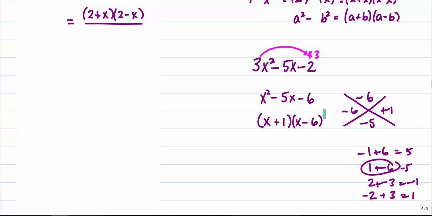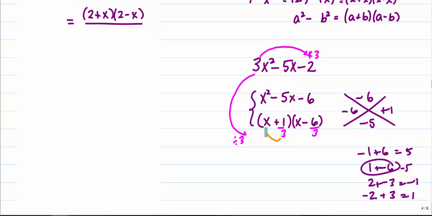Again, not the final answer though, because that was the answer to this. What I now have to do is I have to come and divide out that 3 that I used to make it easier to find my numbers. And so once I set up the division, a couple of things could happen. One thing is 1/3 is a fraction. It's fully reduced.